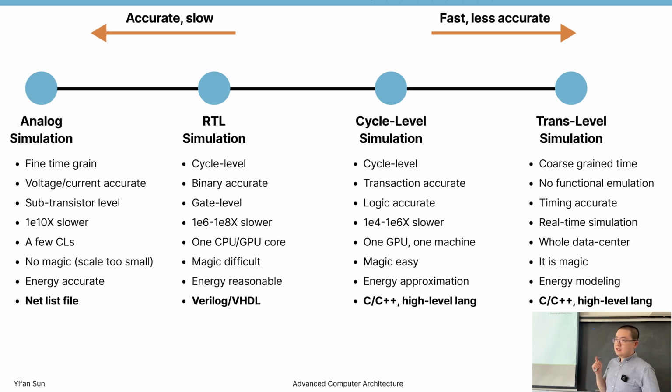Then another term that you may commonly hear is cycle accurate simulation. A few years ago, 5 years ago, people really liked this idea, or they liked to use this term. What is a cycle accurate simulation? There's no common definition, but my common definition is, it's cycle level, and it's accurate. How can you know it's accurate?